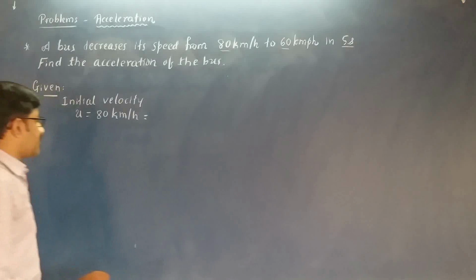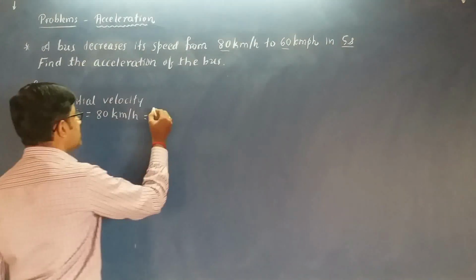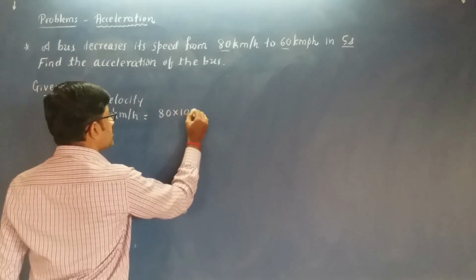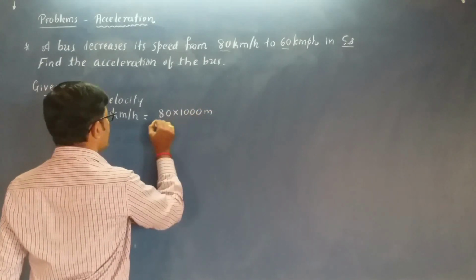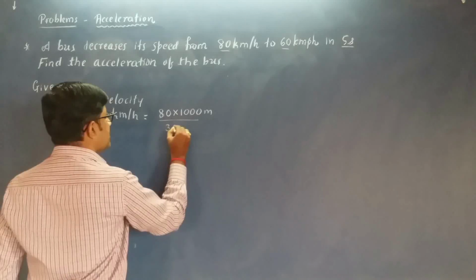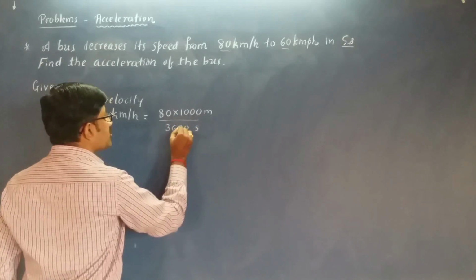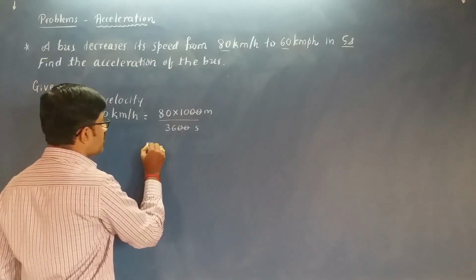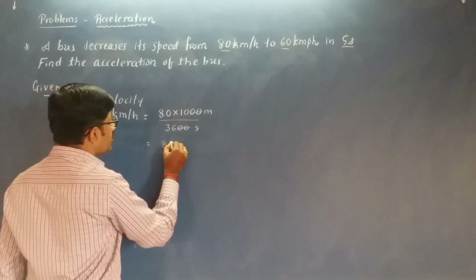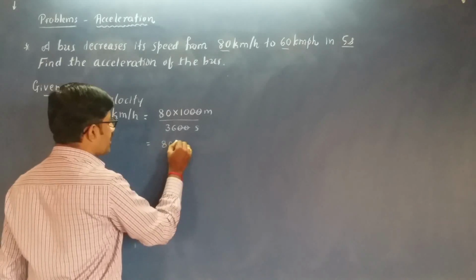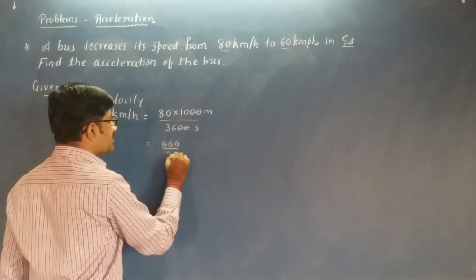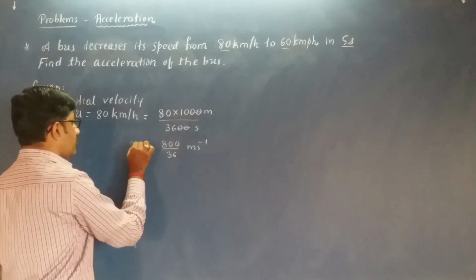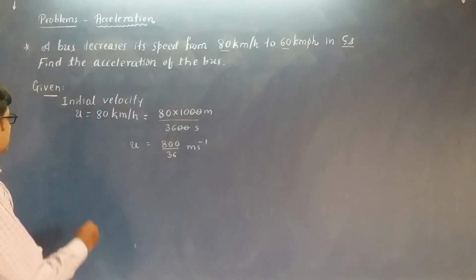So 80 km per hour can be written as 80 into 1000 meter divided by 3600 seconds. So these zeros cancel each other. You are left with 80 into 10, that is 800, divided by 36 meter per second. That will be the initial velocity of the bus.